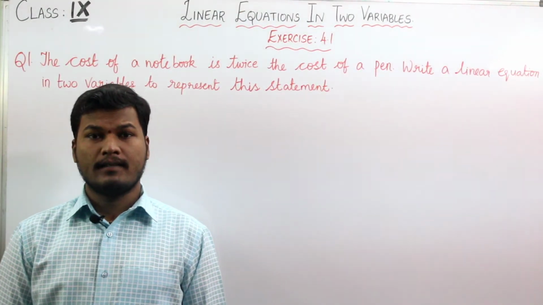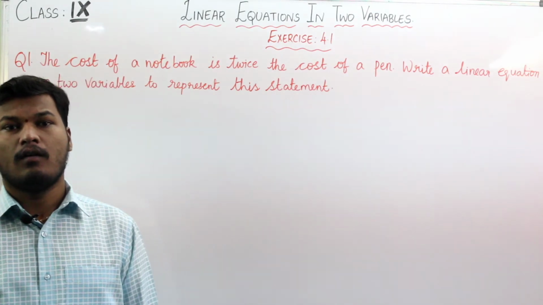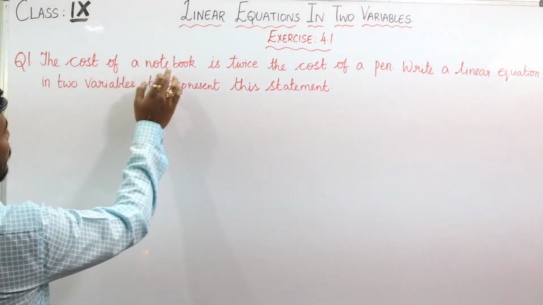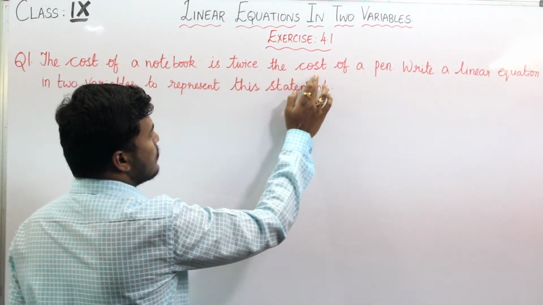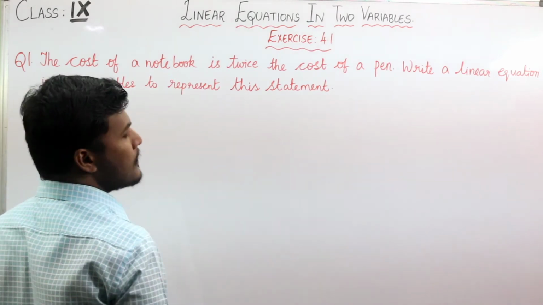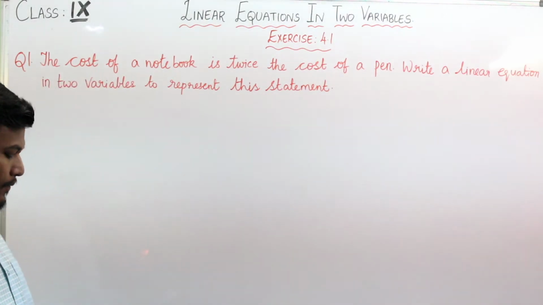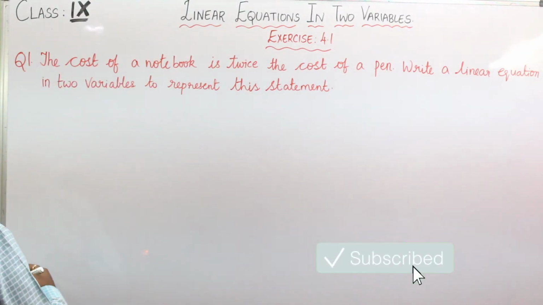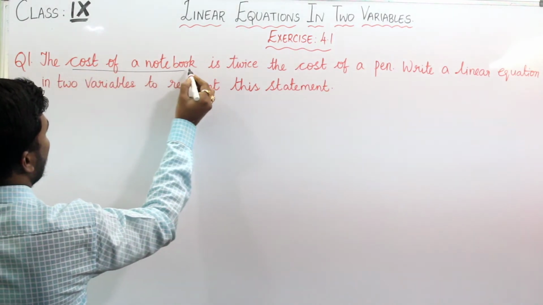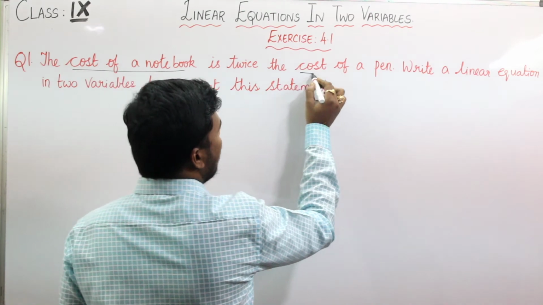Now let us start exercise 4.1 of this chapter: the cost of a notebook is twice the cost of a pen. Write a linear equation in two variables to represent this statement. Here first we have to get two variables, right? We have the cost of a notebook and the cost of a pen.